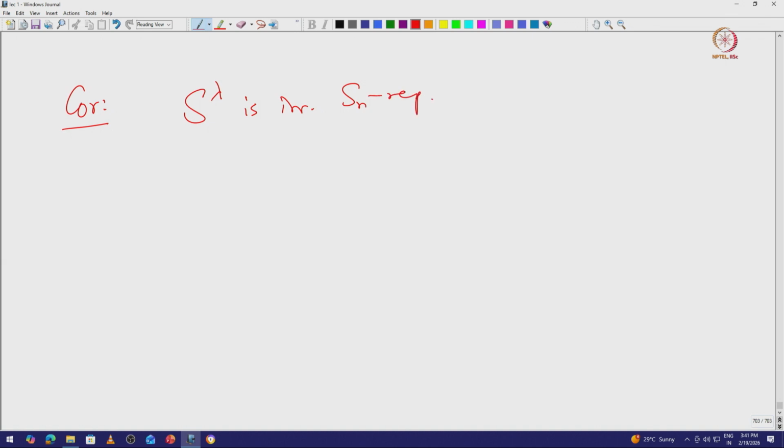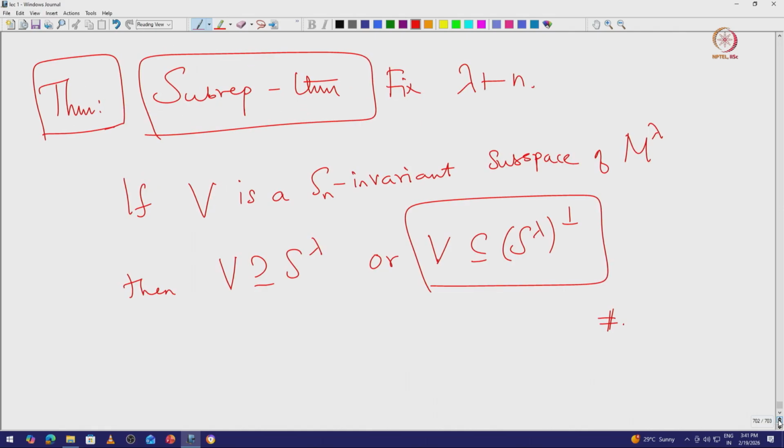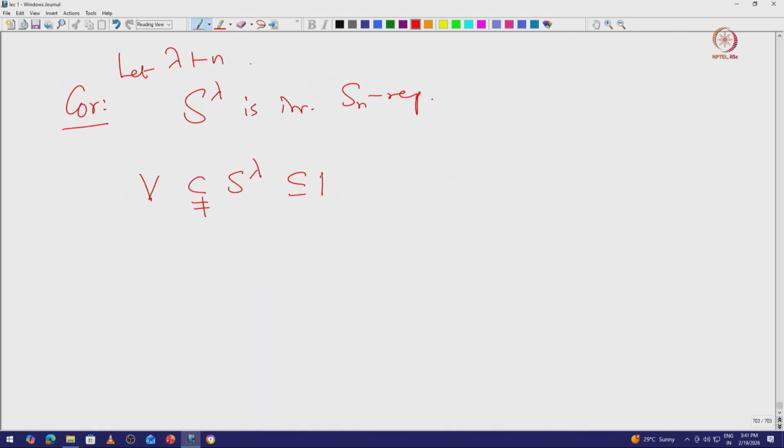So, how do we prove it? Fix this partition lambda. Then if I start with V, which is, let us say, a proper subspace of S lambda, it is also a subspace of M lambda.